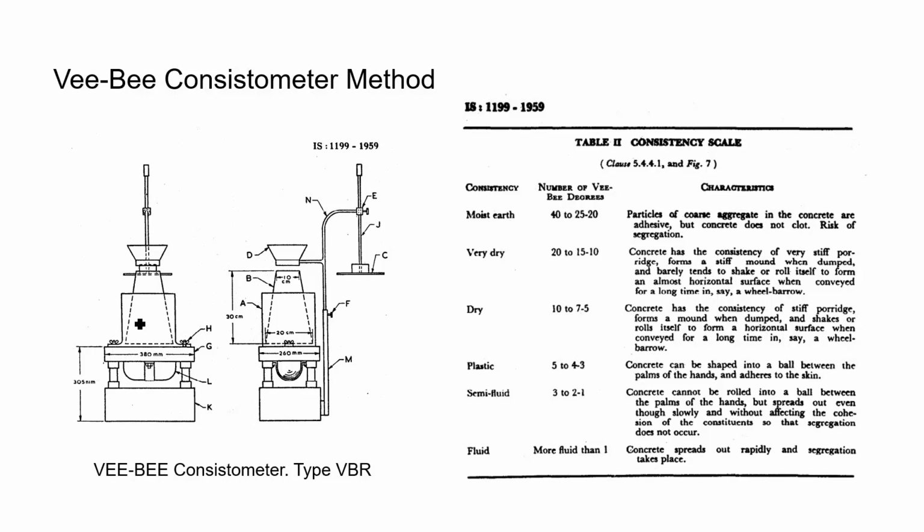The time taken to change the shape from the cone to this cylinder shape is called the VV time, and this time is recorded, which gives the VV time. It is generally noted in terms of degrees. So, the VV degrees is similar to VV time.